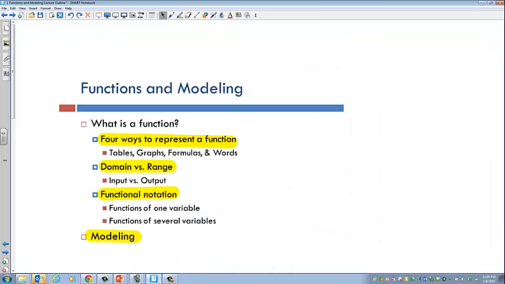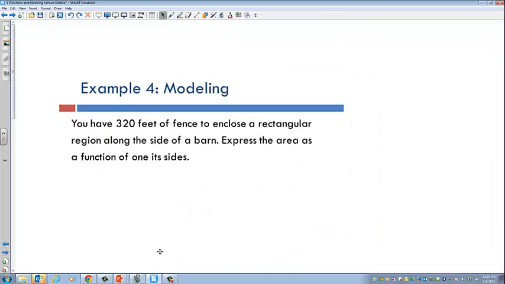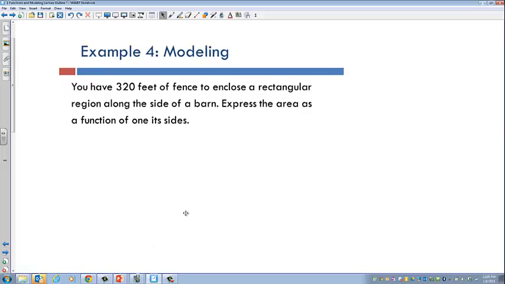So let's take a look at a modeling problem we're going to do, which we kind of looked at the beginning of this lecture. So what we have is you have 320 feet of fence to enclose a rectangular region along the side of a barn. Express the area as a function of one of its sides.